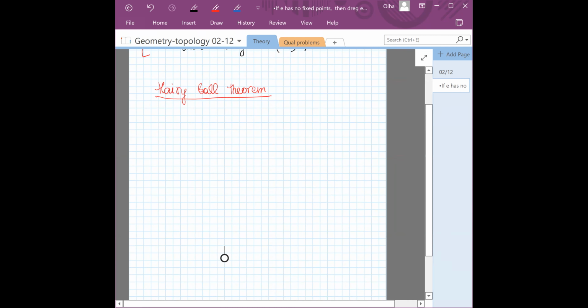It says that S^n has a continuous non-zero vector field if and only if n is odd.